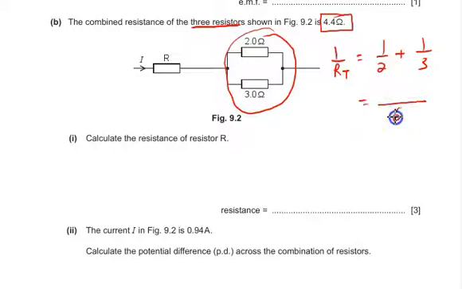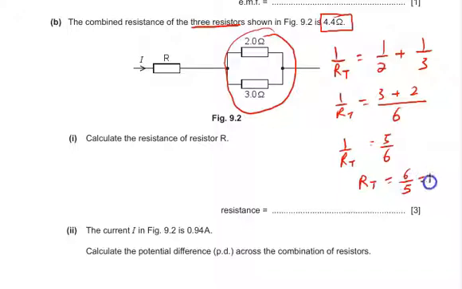So here we have 3 plus 2 over 6, which is 5 over 6, then we invert it. So our total is 6 over 5, which is 1.2 ohm.